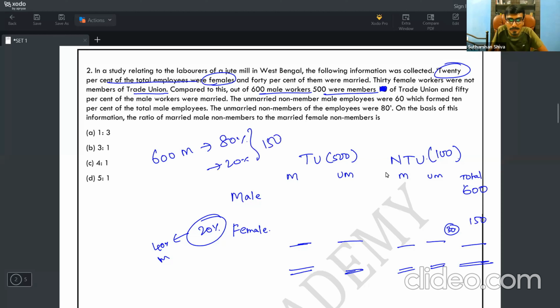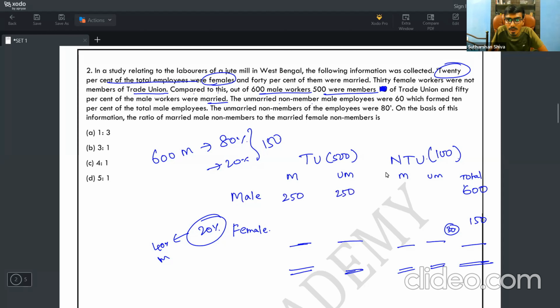Now come to the parts. Out of the trade union male members, 50% of the male workers were married. Married male members will be 250. It means unmarried male members will be 250.